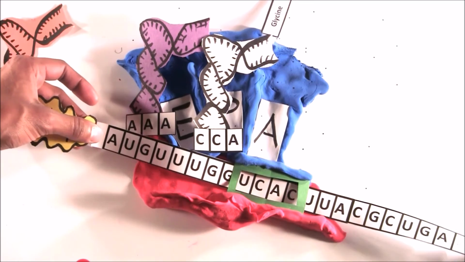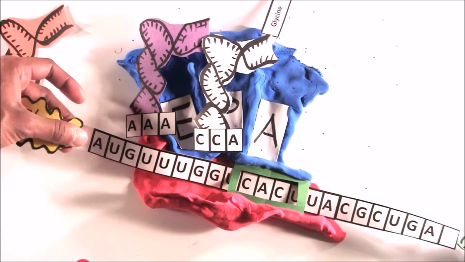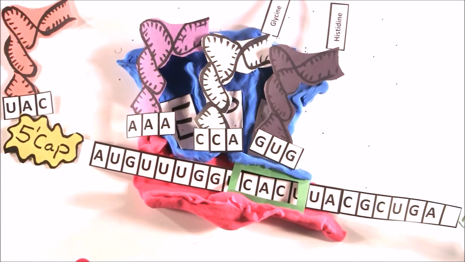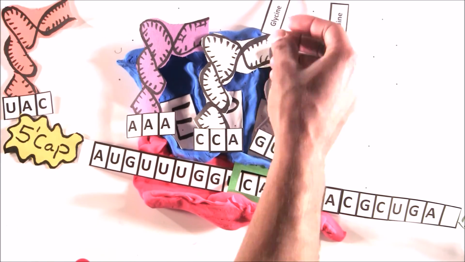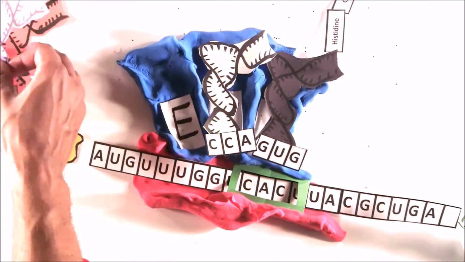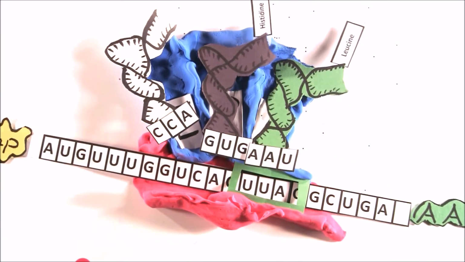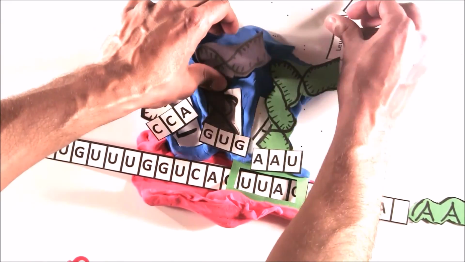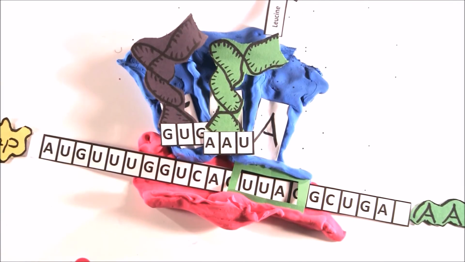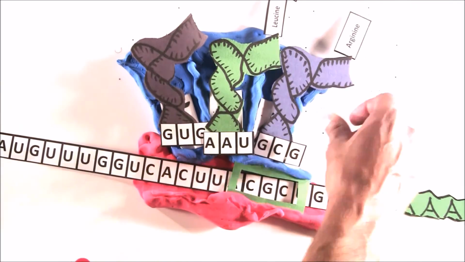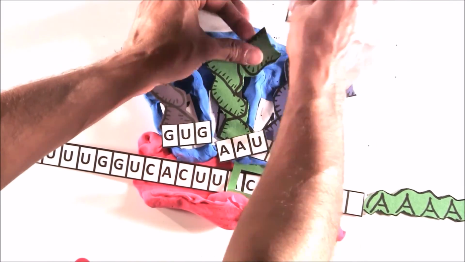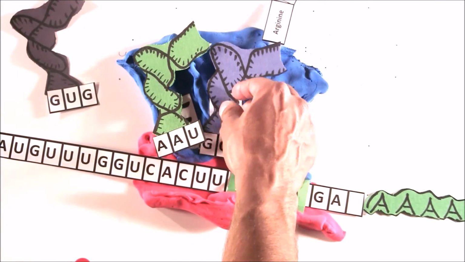Note that the ribosome reads only 3 nucleotides at a time, or a codon, and that the tRNA being recruited into the A site has the complementary sequence to that being highlighted from the transcript. The polypeptide chain continues to grow until we reach what is known as a stop codon.